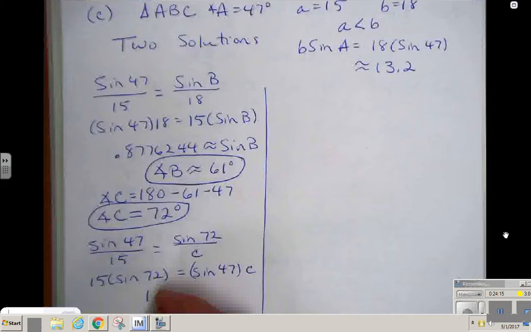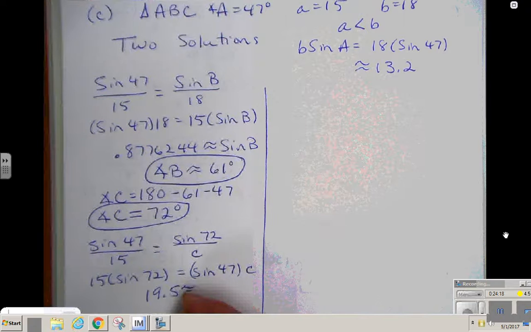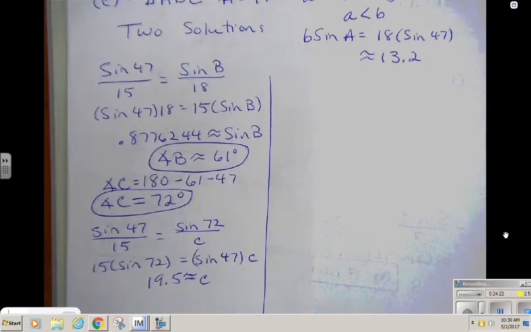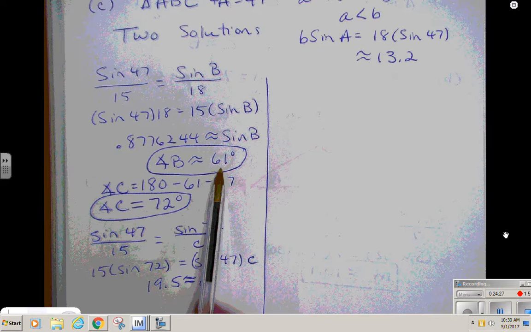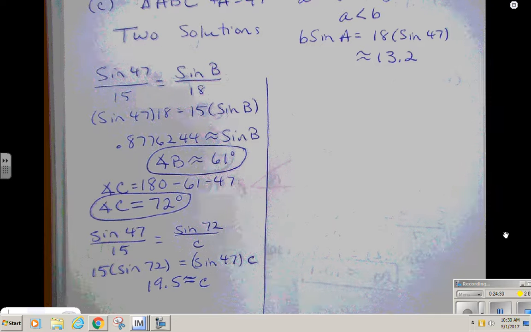Does that sound good? Alright, so the other scenario is if angle B is obtuse. Here, angle B is acute, but angle B could be obtuse.